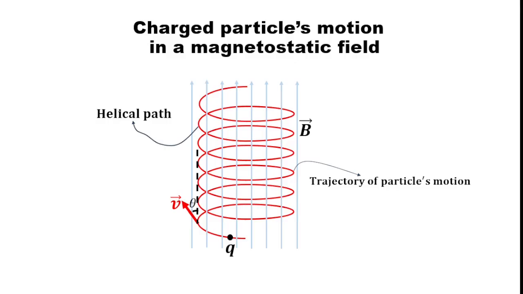It is important to note that the magnetic force acts perpendicular to the velocity of the charged particle, regardless of its motion. Whether the charged particle moves in a circular path or it is tracing out a helical trajectory, the magnetic force always acts perpendicular to the velocity of the charged particle.